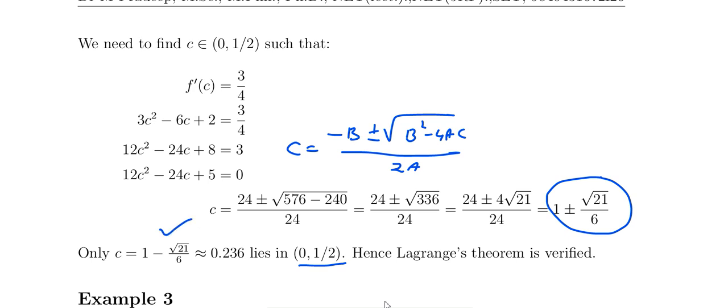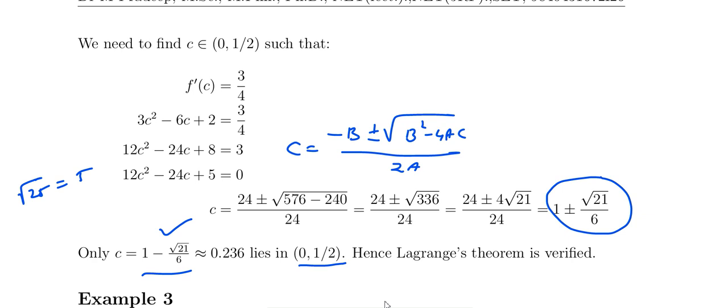1 plus root 21 divided by 6 will be a very large value, it will not lie between 0 and 1 by 2. So it is 1 minus root 21 divided by 6, that is approximate. Root 21 will be 4 point something, since the square root of 25 is 5.